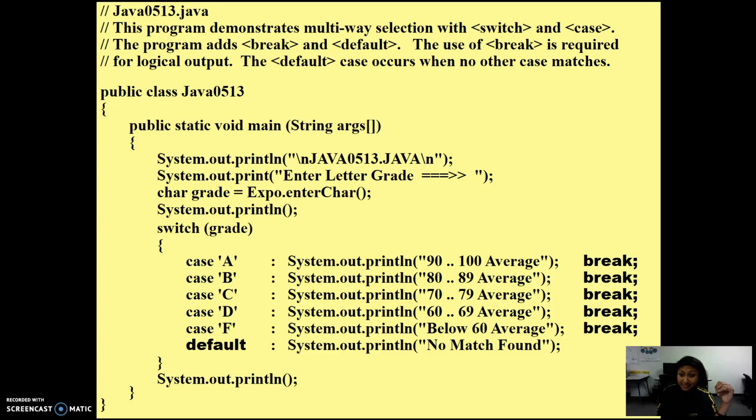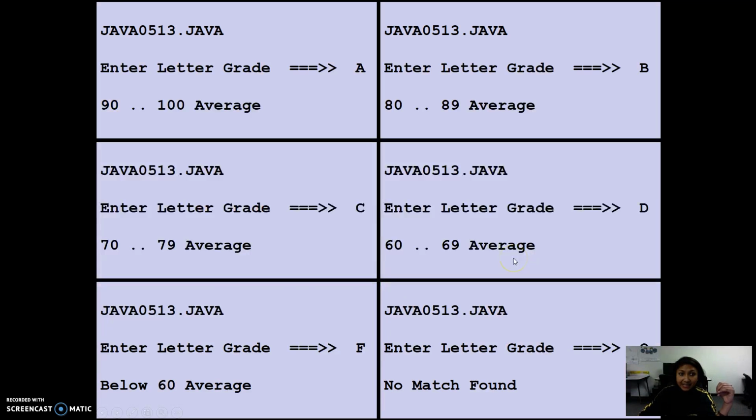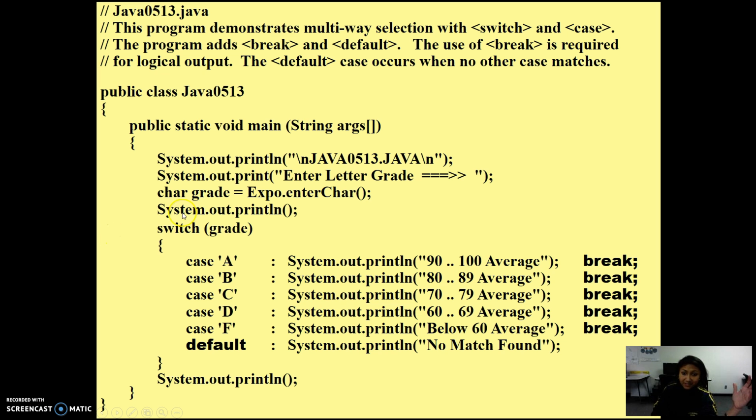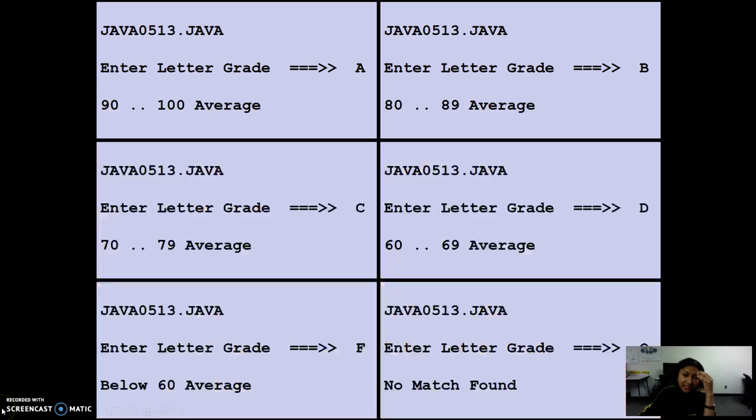In order to fix this, this is how we would do it. And now it makes more sense. You enter A and it says 90 to 100. C, it says 70 to 79, and then break, and then it went out of the switch.